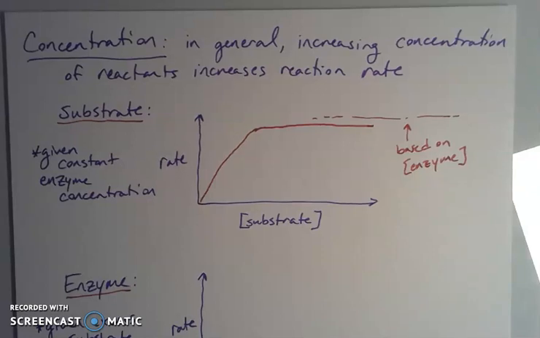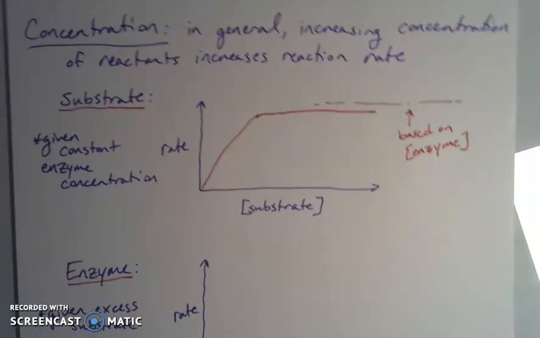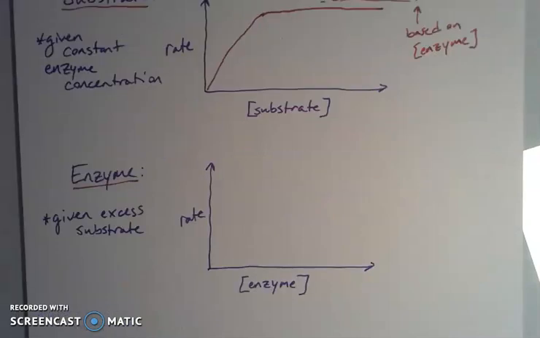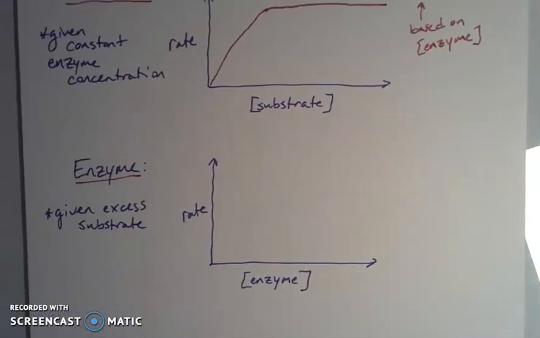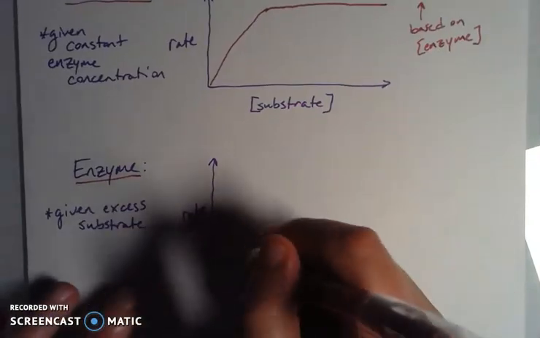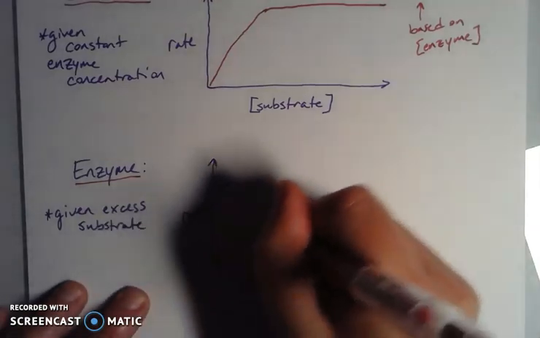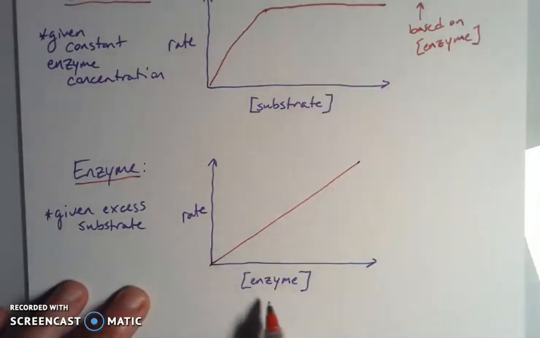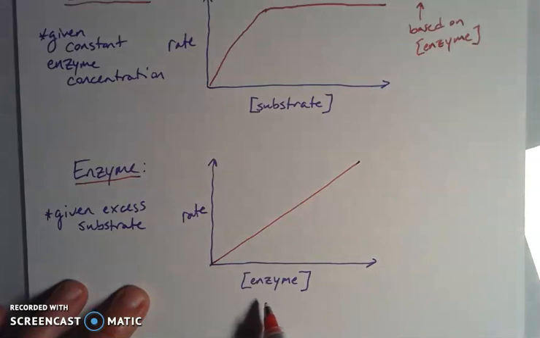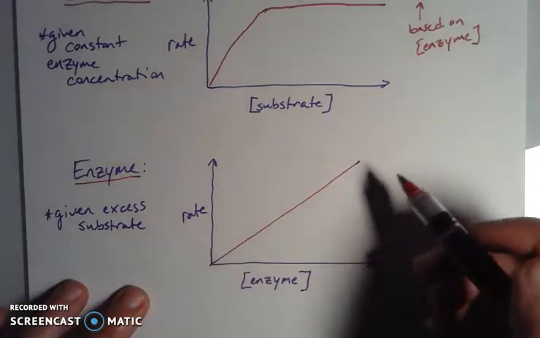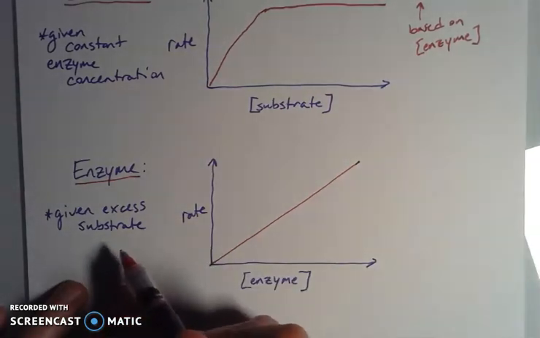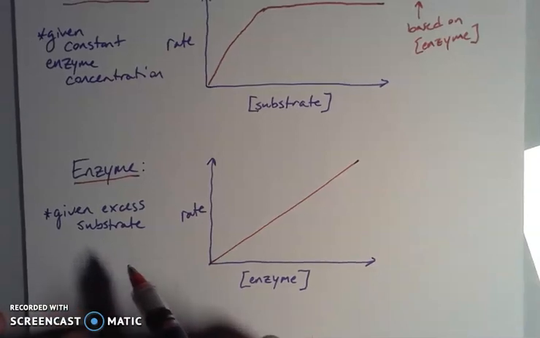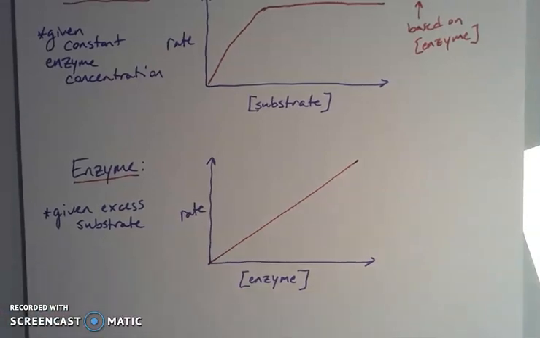Okay, now with enzyme concentrations, if we have infinite substrate, so if we have substrate in excess, and I'm looking at the enzymes, then the case is like this. As my concentration of enzyme increases, the rate increases to infinity, given that I have as much substrate as I can get my hands on, or as much substrate as the enzymes can get their active sites on.